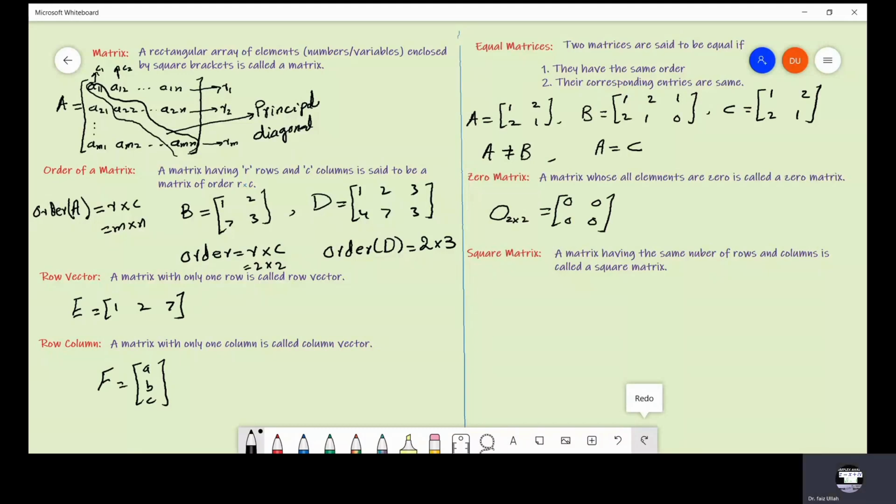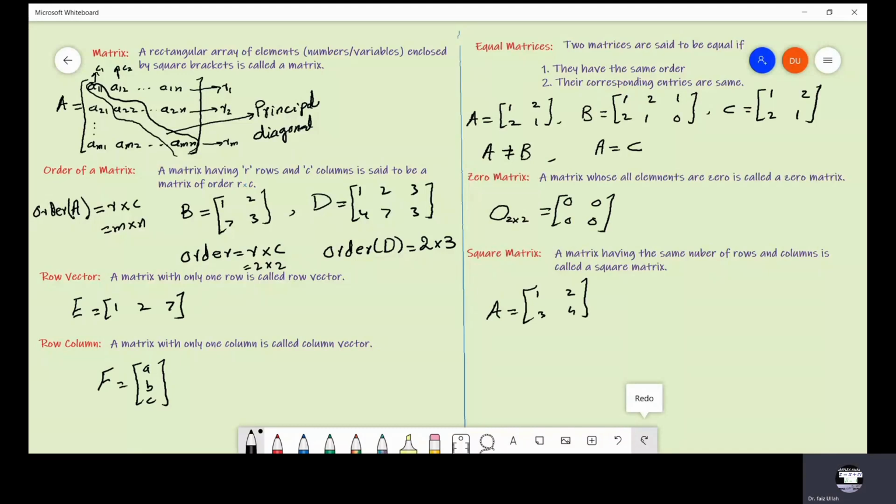Square matrix. A matrix having the same number of rows and columns is called a square matrix. Otherwise, it is called a rectangular matrix. For example, let us write a matrix A, and in this matrix, I have 1, 2, 3, 4. There are 2 rows and 2 columns.